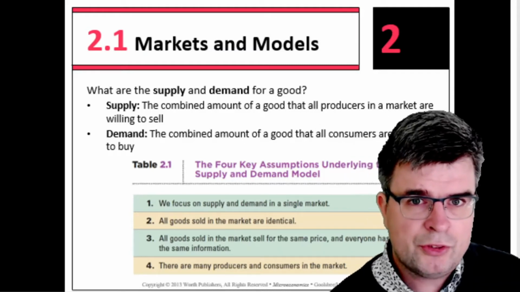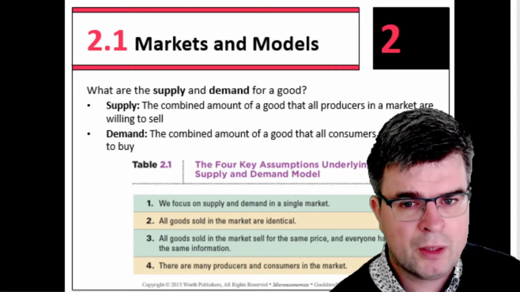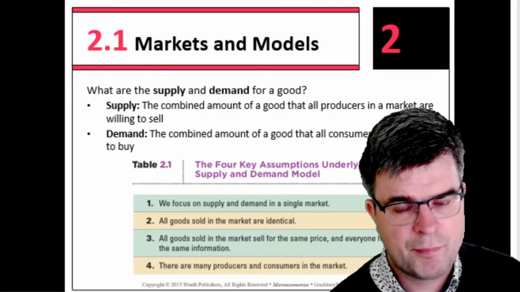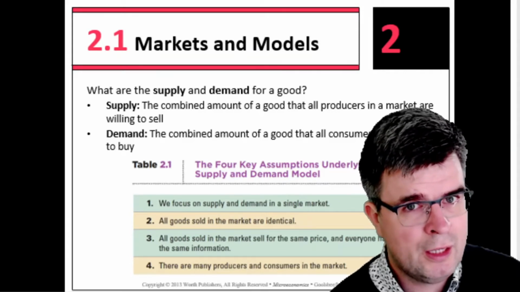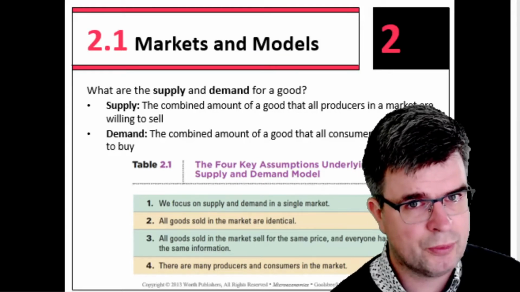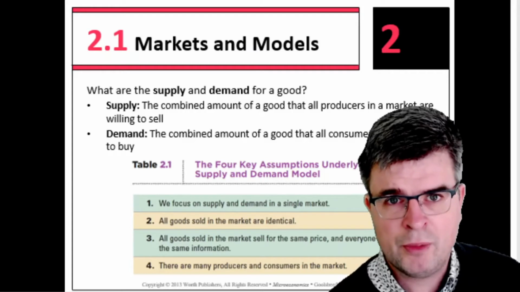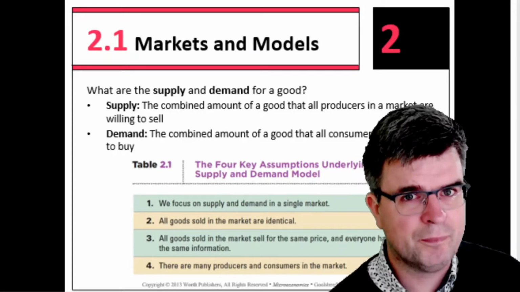So we also assume that there's no price discrimination. So all goods sold in the market sell for the same price, and everyone has the same information. So a kilo of bananas costs the same to everyone, say €2 a kilo, and everyone knows that a kilo of bananas costs €2 a kilo.